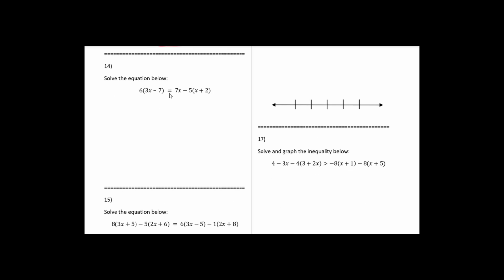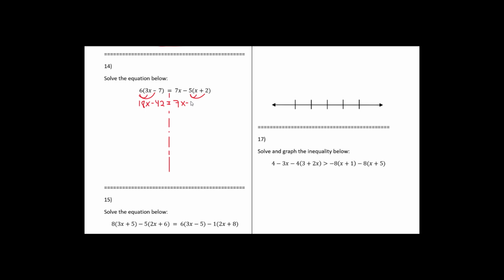First step is draw the little border right there. And first step is to eliminate parentheses. So I'm going to have 6 times 3 is 18x. 6 times negative 7 is negative 42. 7x, we're going to bring it down.